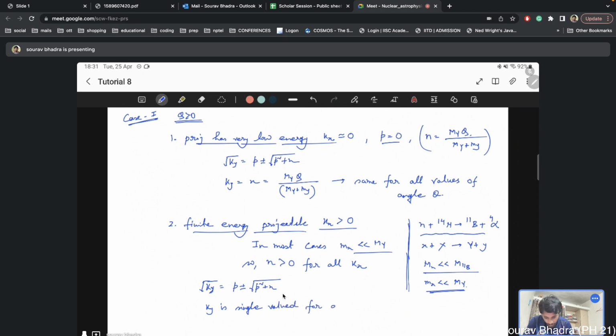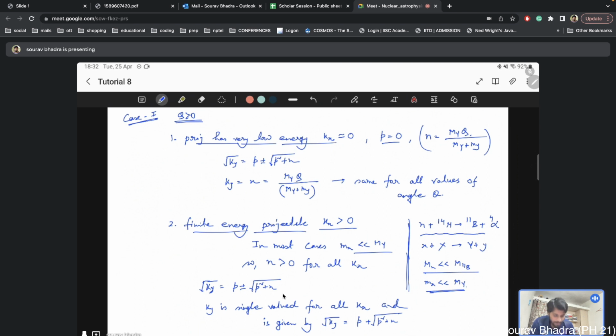for all small kx, and it is given by root ky equals p plus root of p square plus n.